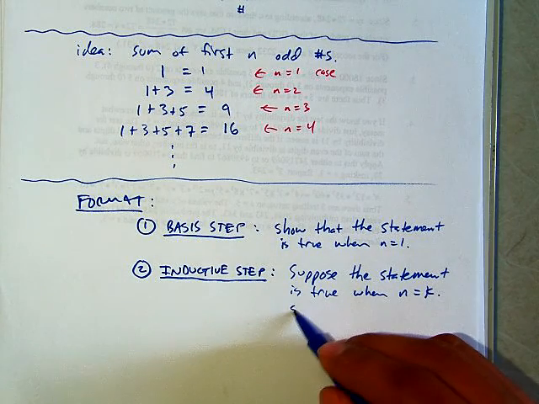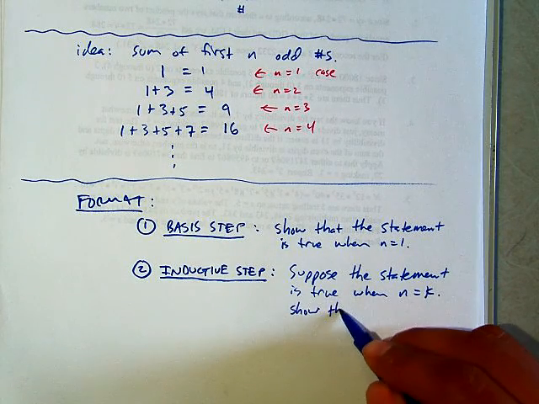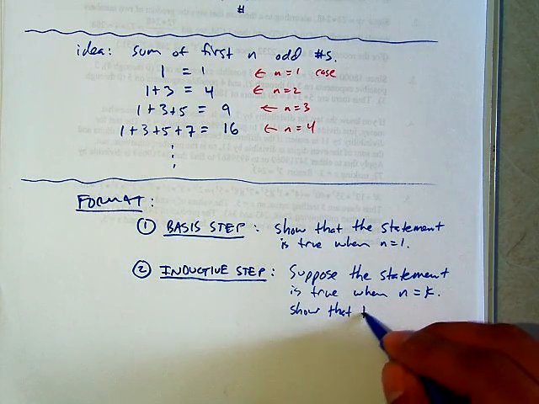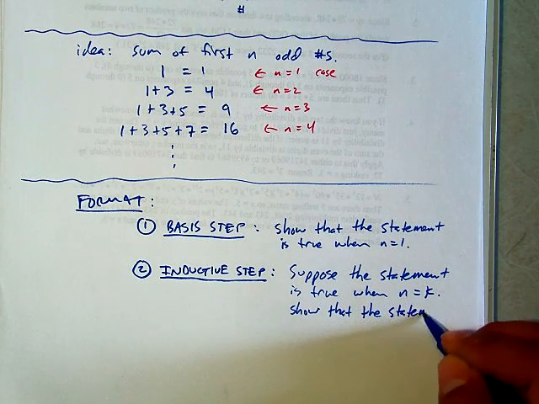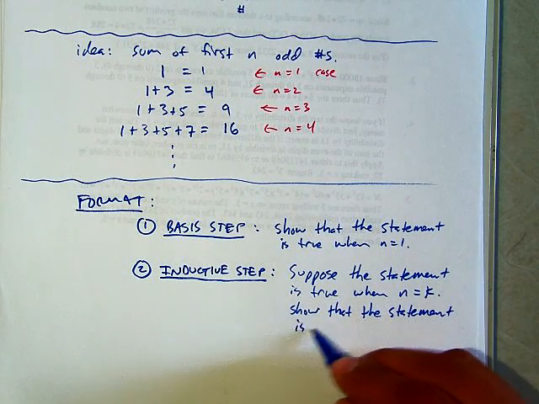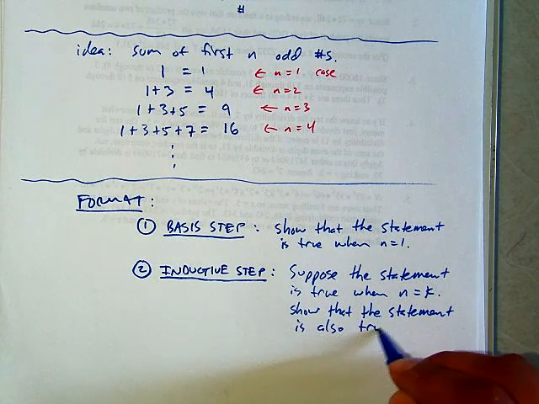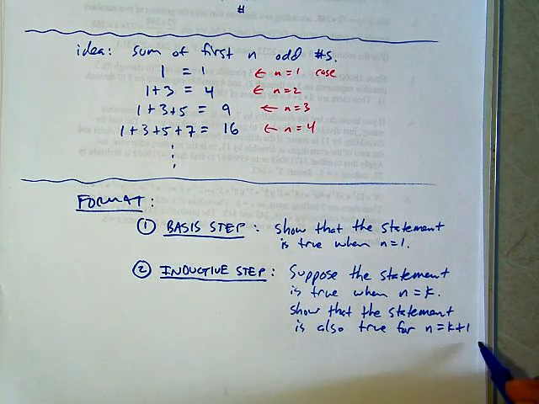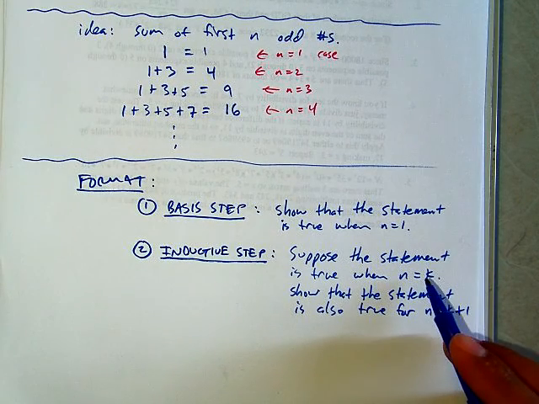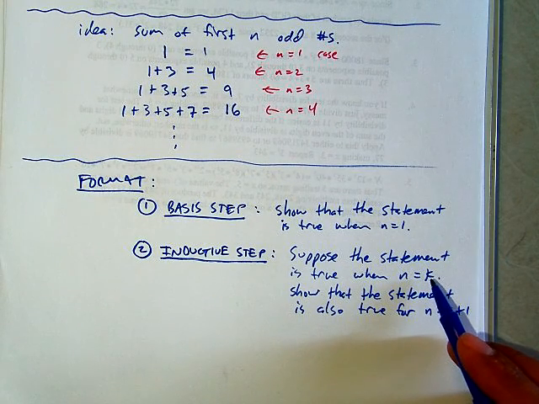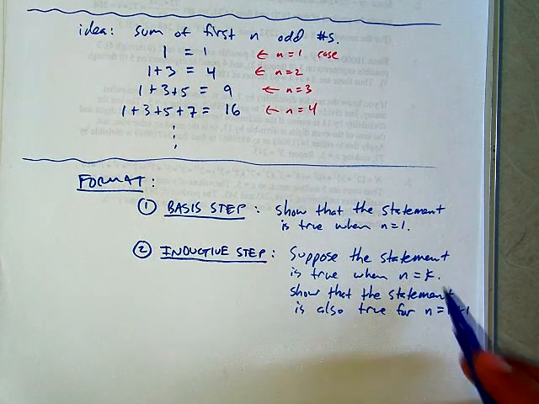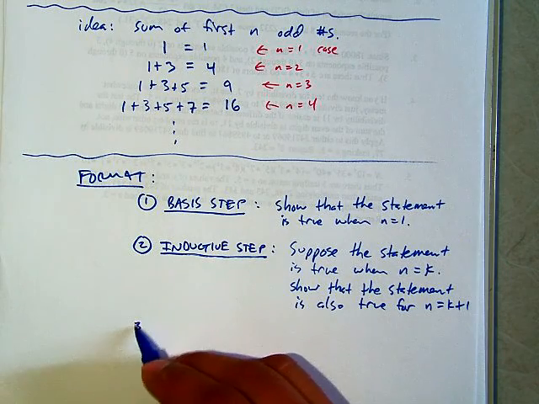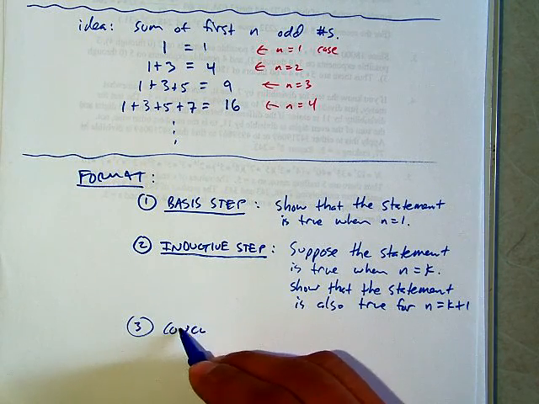And then you're going to show that the next case will also work. So you're going to show that the statement is also true for n equals k plus 1, which is the next case. If we're starting at k, with assuming that up through k works, k plus 1 would be the next logical case. The third step is the conclusion.